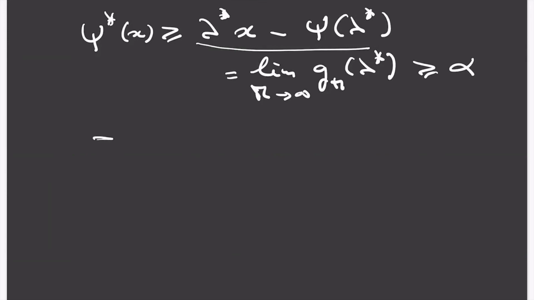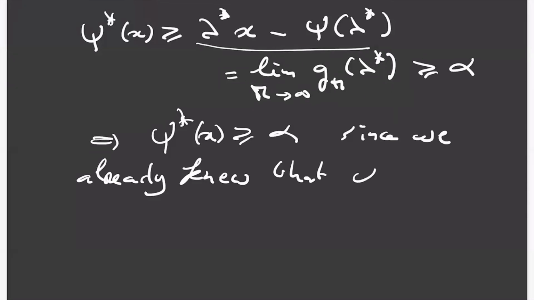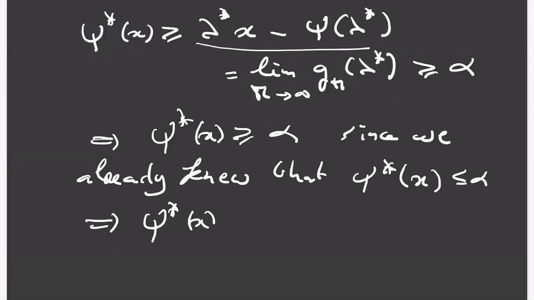And therefore, psi star of x is larger than alpha. And since we already knew that psi star of x is less than alpha, this implies that psi star of x is equal to alpha.